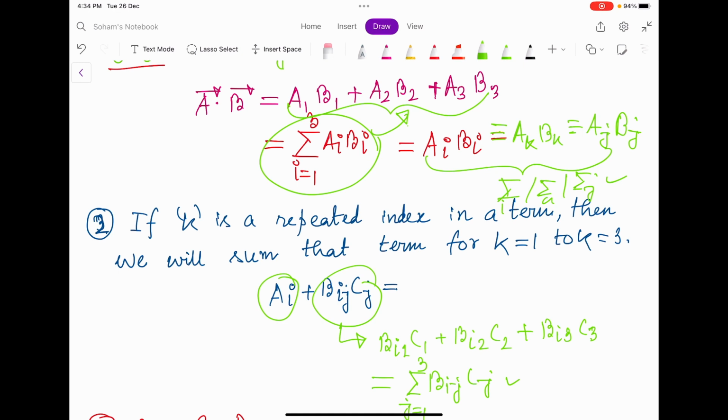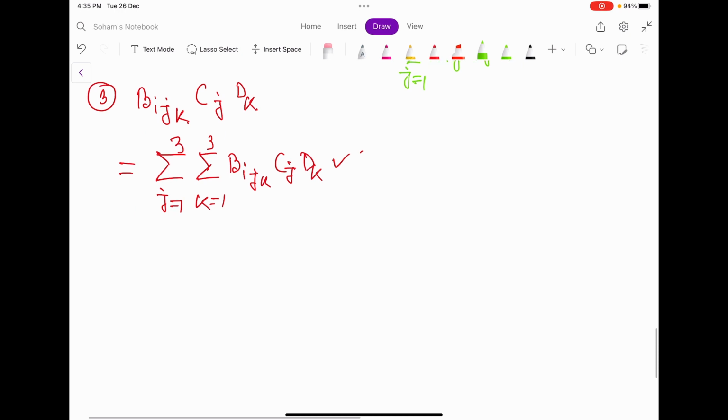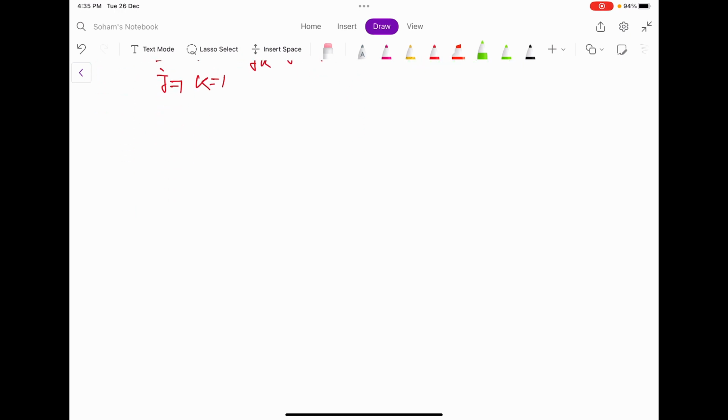So it doesn't matter whether you write i, k or j or any other alphabet to indicate the repeated index, right?